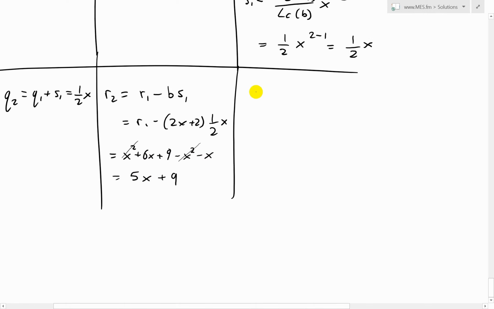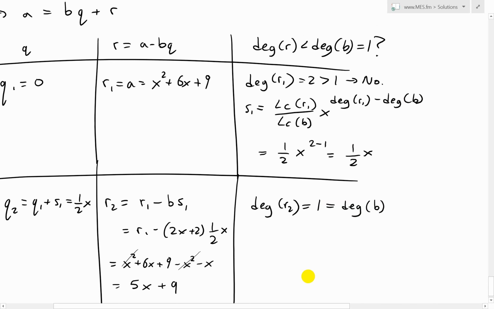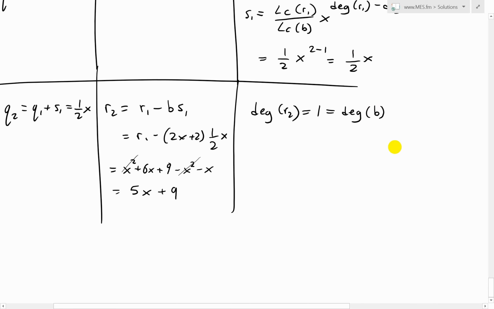And now we check again. Is the degree of R2 equal to 1, which equals the degree of b, like that? So it's not less than, it equals it. So thus we do a new s value.